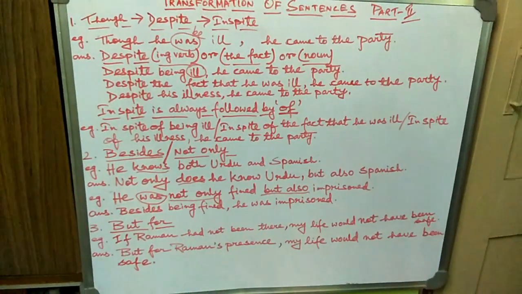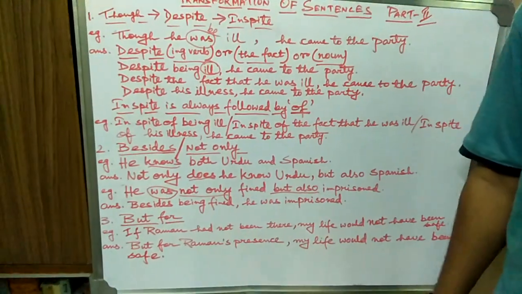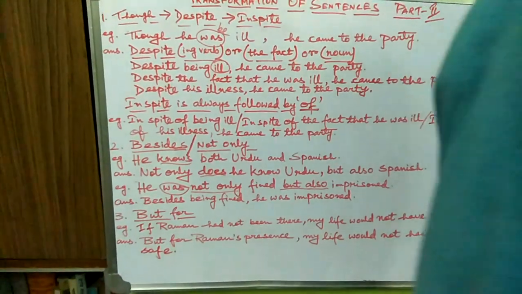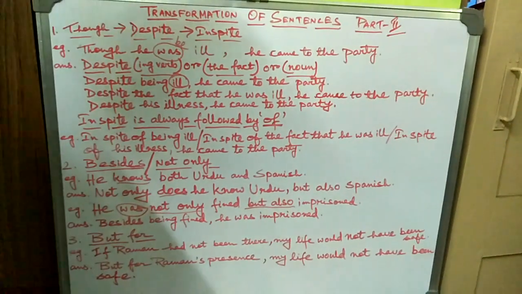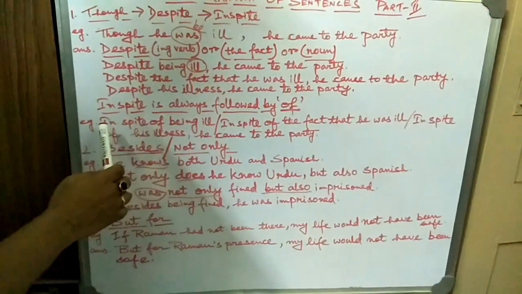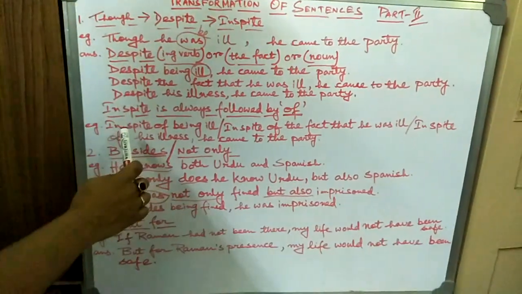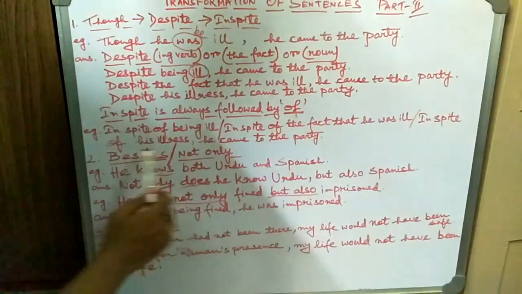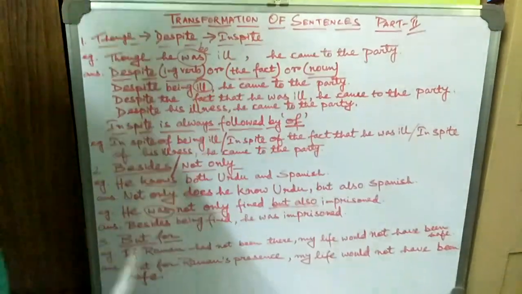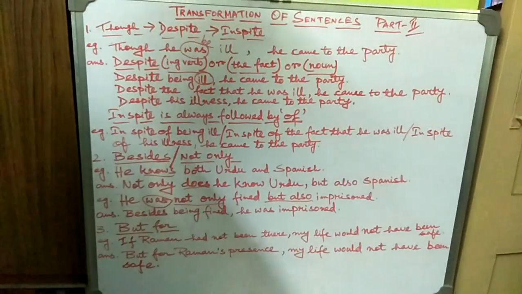If you put of after despite, it's absolutely wrong. And if you do not put of after in spite, it's absolutely wrong. So in spite is always followed by of, and the rest of the method is the same. In spite of being ill, or in spite of the fact that he was ill, or in spite of his illness, he came to the party. I hope all of you understand.